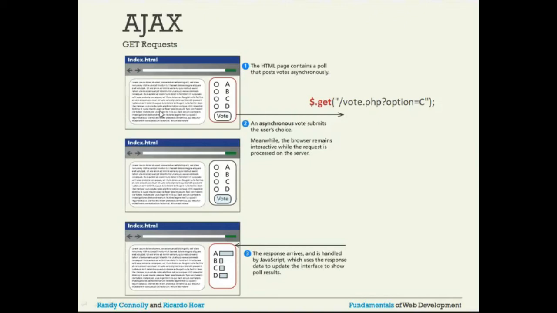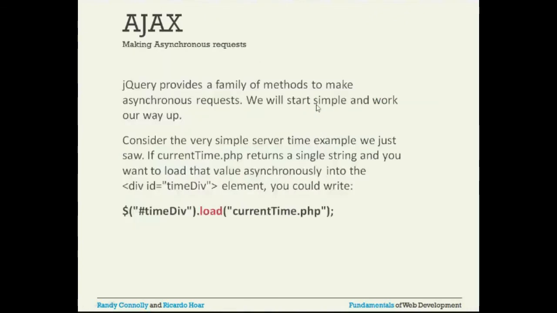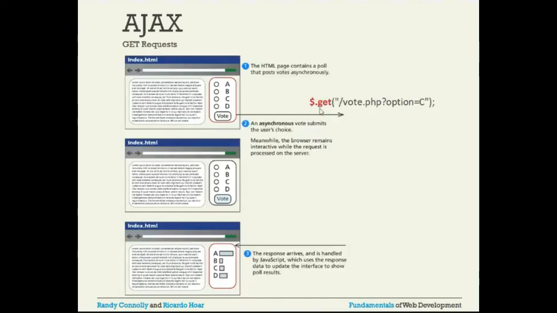So this is another example. Here we have a page, and part of the page has some kind of voting. Whenever the user clicks on the vote, it will make an asynchronous call, that is $.get, using the GET request.